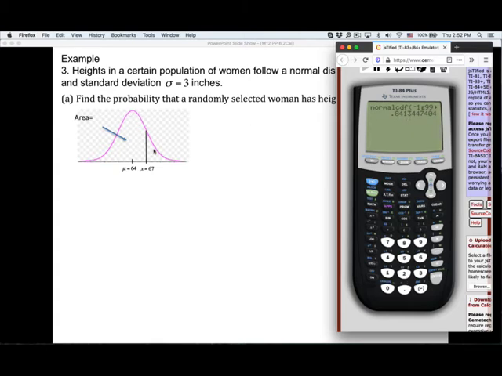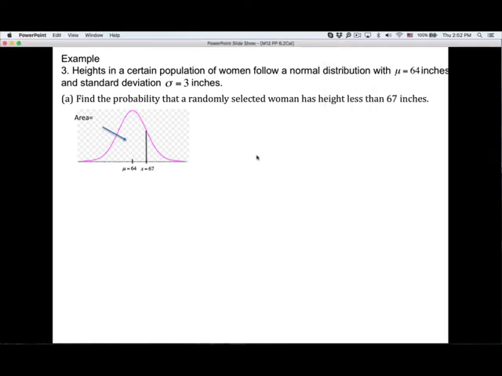The total area is about 1. And then the area from here, this part is greater than half. It has to be greater than 0.5, right? So that's a reasonable value that we got the area equal to 0.8413. Okay, so we're looking for the x less than 67. Write it down here. Lower value, upper value, the mean, and the standard deviation. And we got 0.8413.